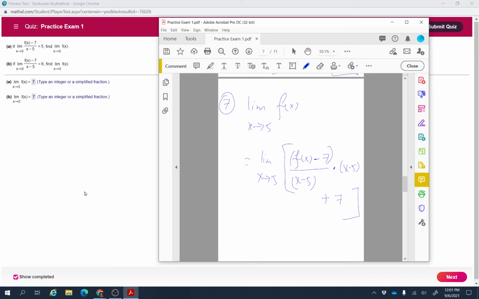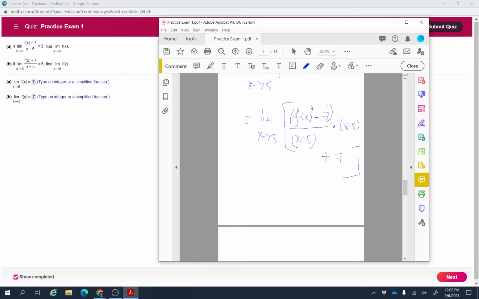The purpose of doing this is that now I can apply the limit laws. We know that the limit of this expression exists, which is 5. The limit of x minus 5 when x approaches 5 is also a finite value, which is 0. And the limit of 7 when x approaches 5 is also a finite number.